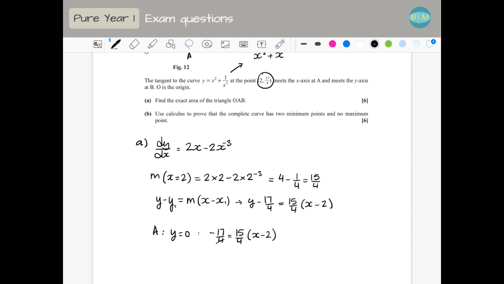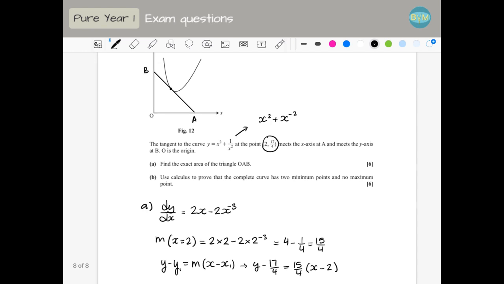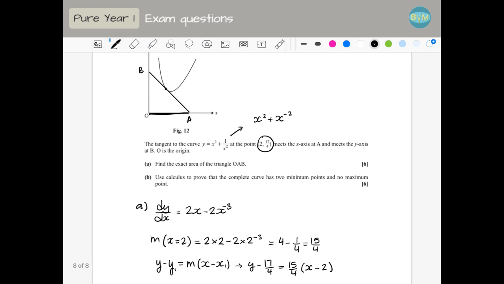I can cancel the quarters, and then I have minus 17 is 15x minus 30, which means x is 13 divided by 15. So this length here is 13 over 15. We have one side of the triangle, and we are going to find the other one.